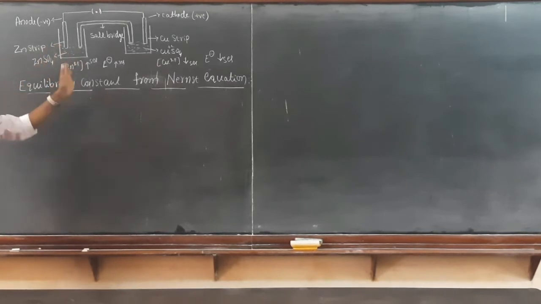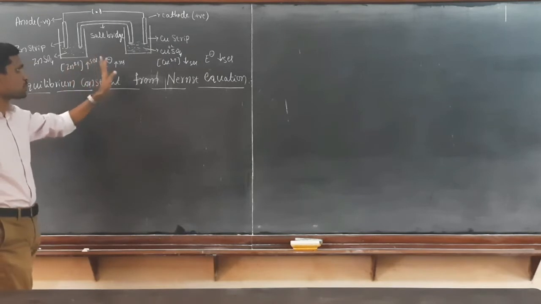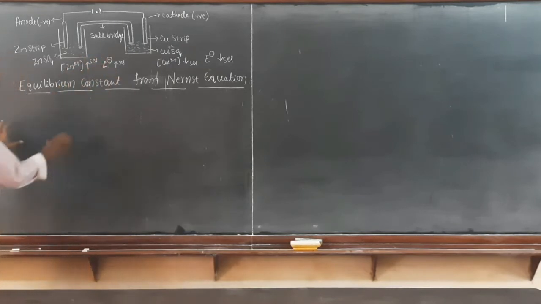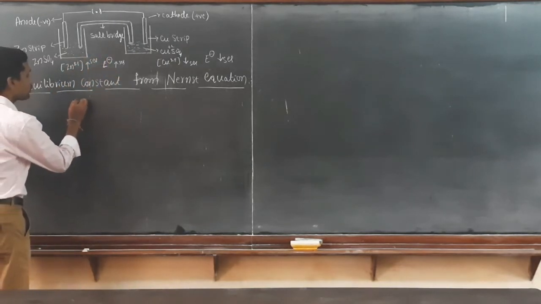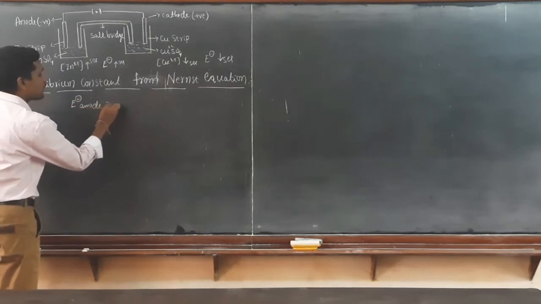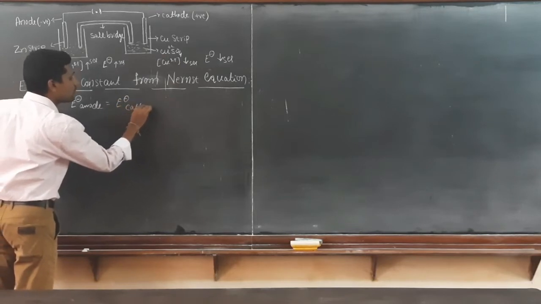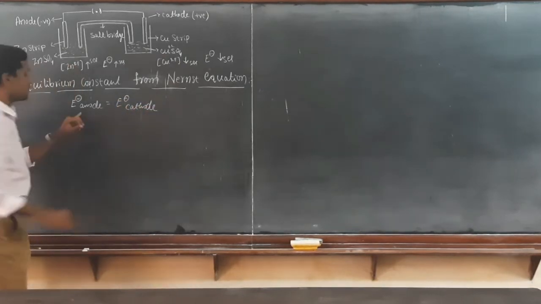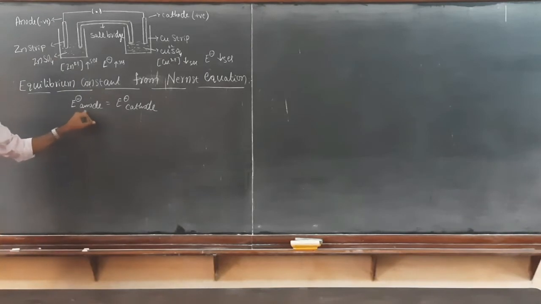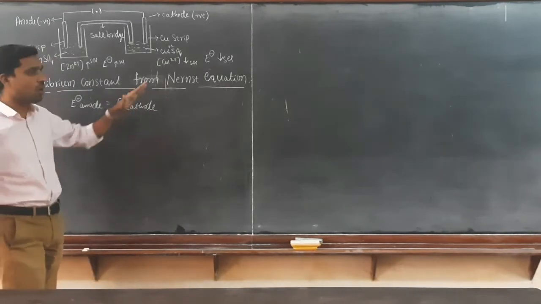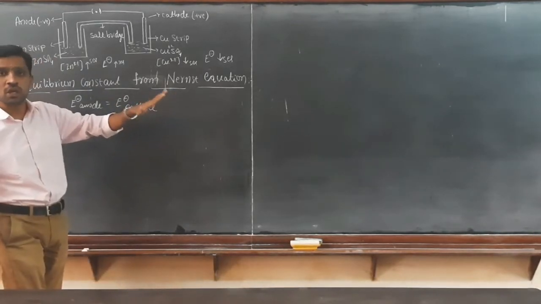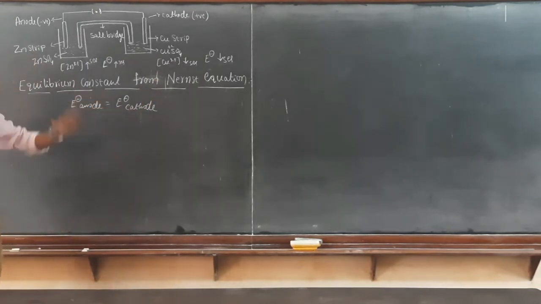As the reaction proceeds, after some time the electrode potential of the anode becomes equal to the electrode potential of the cathode. Whenever the electrode potential of the anode is equal to the electrode potential of the cathode, at that time the reaction will stop, and that is nothing but your equilibrium reaction.